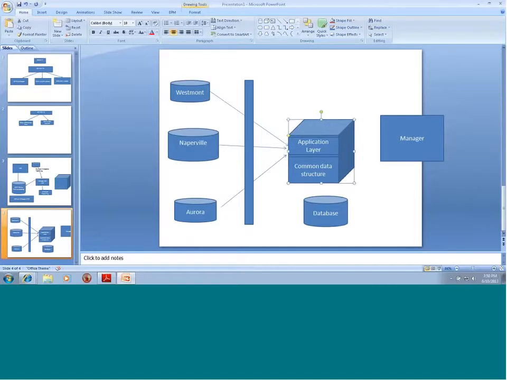When we convert this into a common structure, it becomes easier for the manager to look into the data. Now the manager does not have to go to three different places to get the information. All the information is stored in one common place, and it becomes easier for the manager to tap into this common platform and provide intelligent reporting.